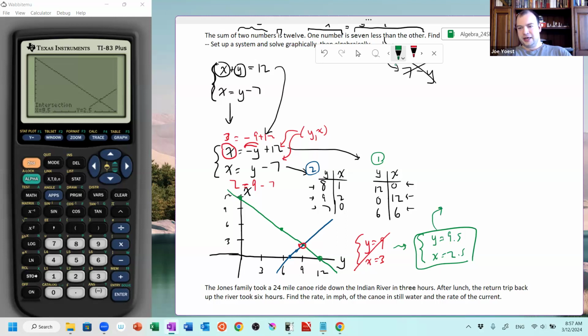Is it true that 2.5 equals negative 9.5 plus 12? And that is true. Is it true that 2.5 equals 9.5 minus 7? And that is also true. So this is indeed a solution. And we can see that it's the only solution. It's the unique solution to this problem.